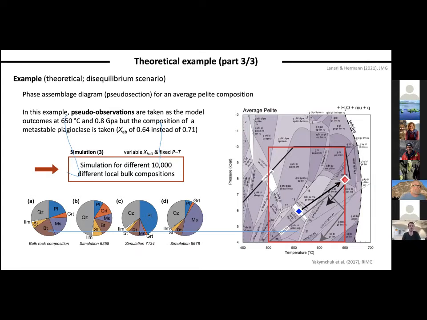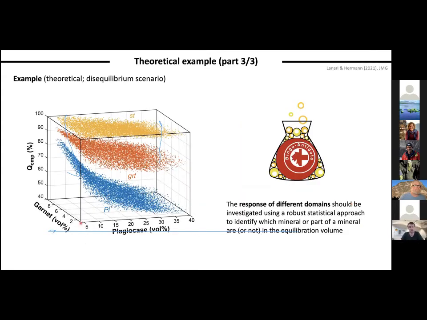So I'm showing you again the results in the same PT space, where we have the plagioclase fraction we use in the local bulk composition, the garnet fraction we use in the local bulk composition, and now you have the Qcmp values for plagioclase in blue, for garnet, and for staurolite.